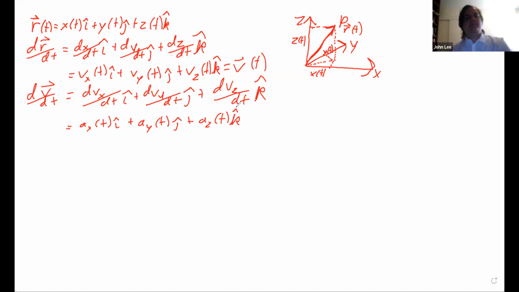And notice again that none of these depend on each other, so they're all independent in the different directions. So this is a of t.